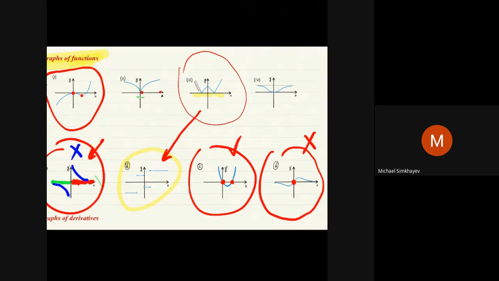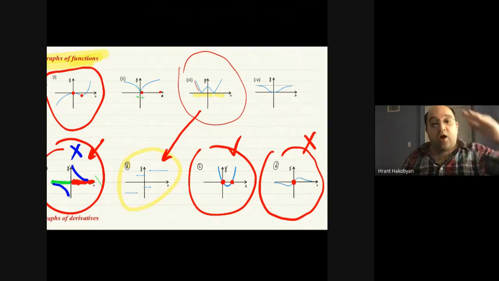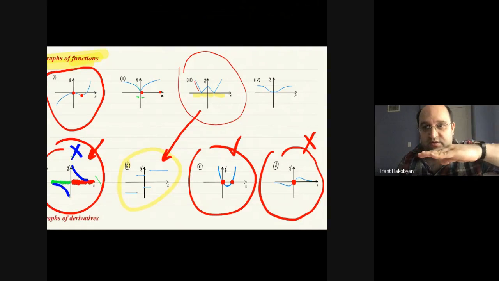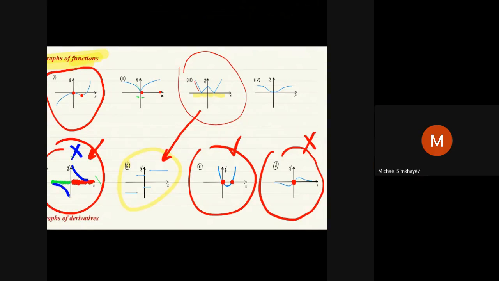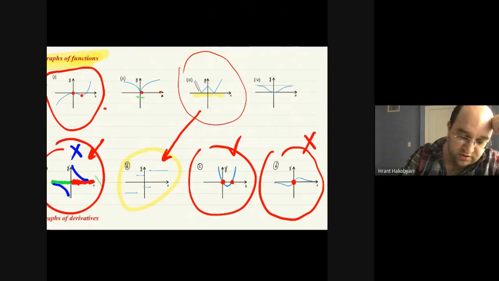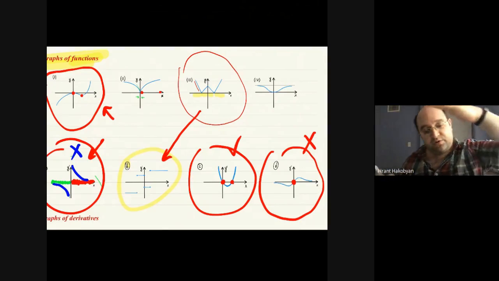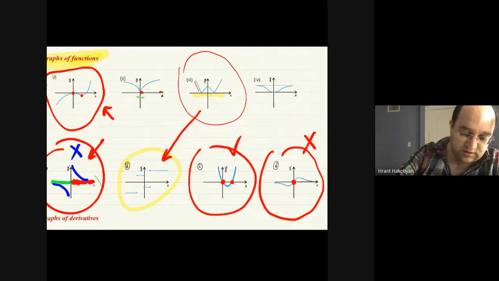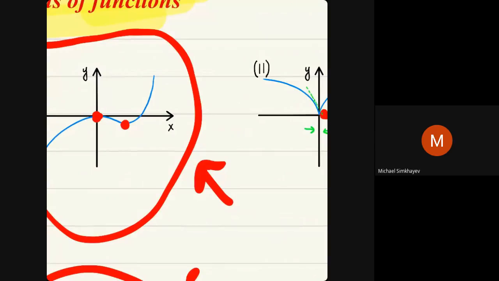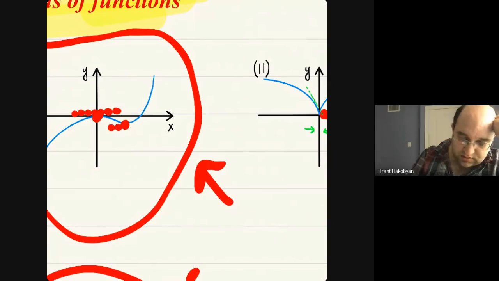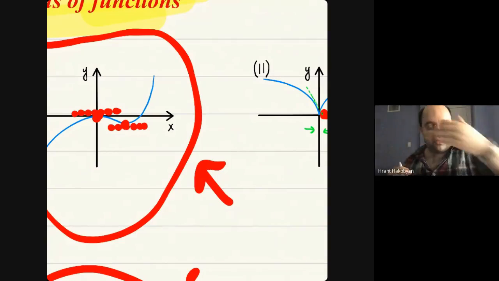So you have to look at how many zeros there are. How many places where the tangent is horizontal? So in this picture, you look at the points where the tangent is horizontal. In this example here, the tangent is horizontal.